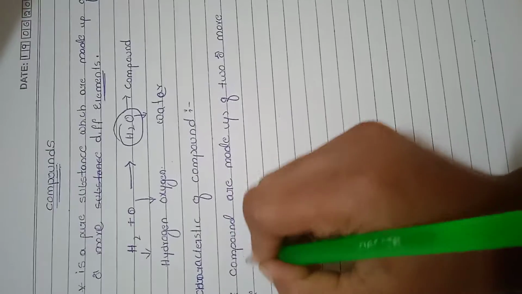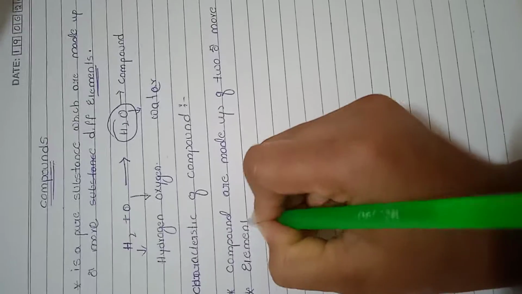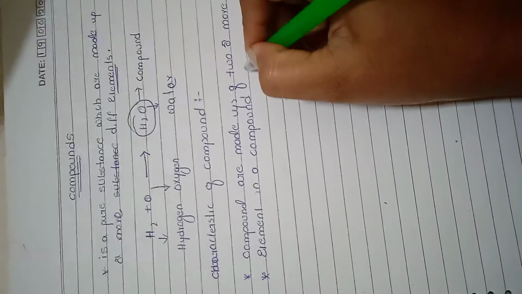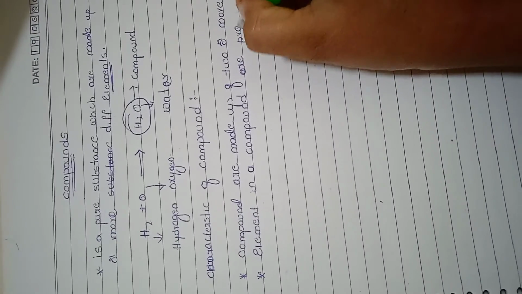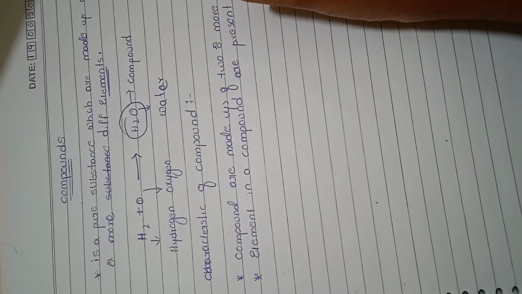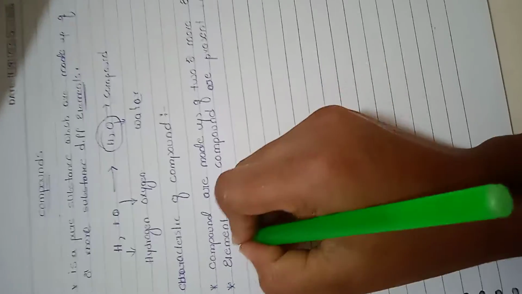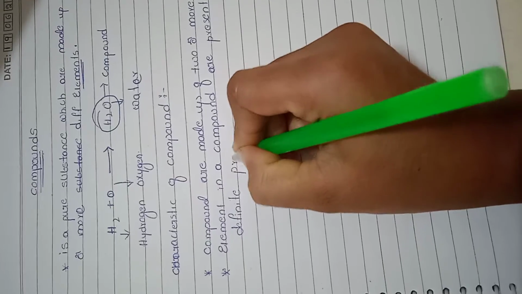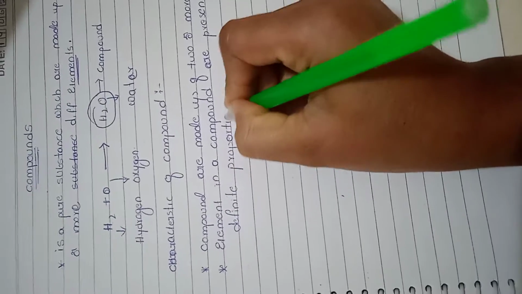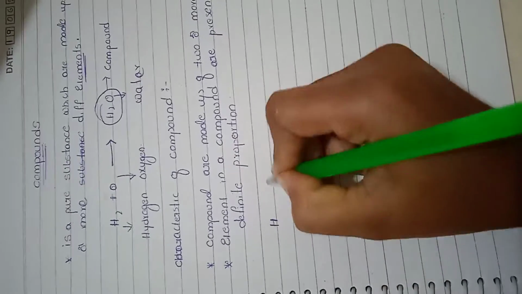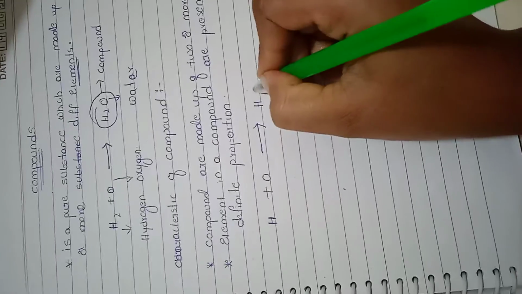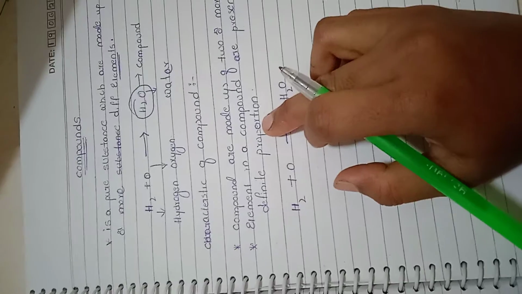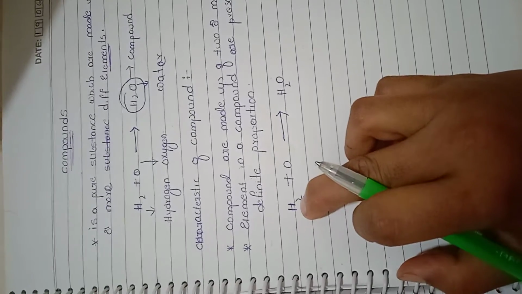And the second is that elements in a compound are present in definite proportions. Suppose hydrogen and oxygen give water. How many atoms am I taking here?